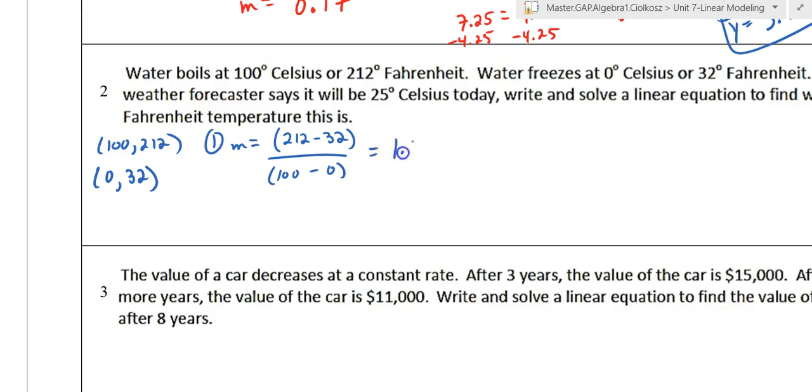Here we get a slope of 1.8. And again, for these problems, decimal slopes are fine. Step 2, let's go ahead and use this first point here again for my x and my y. And I know m is 1.8. So now I can plug in to find my b.